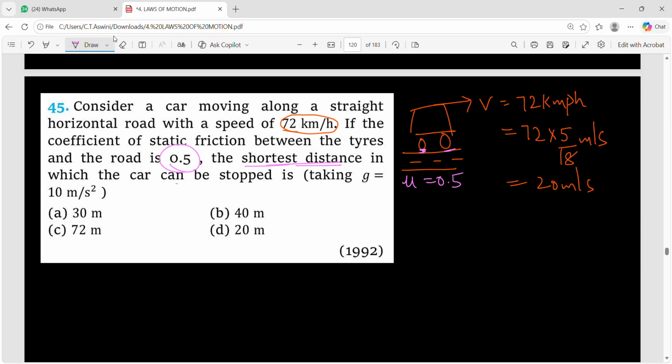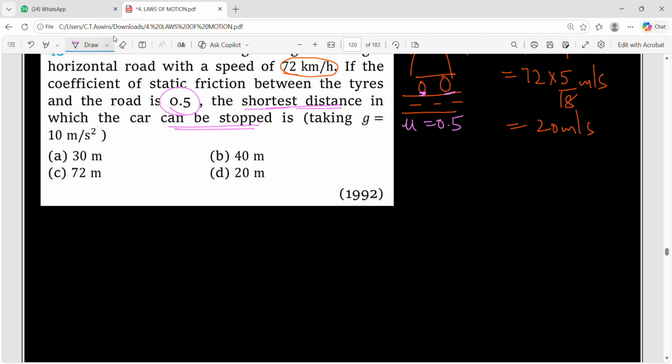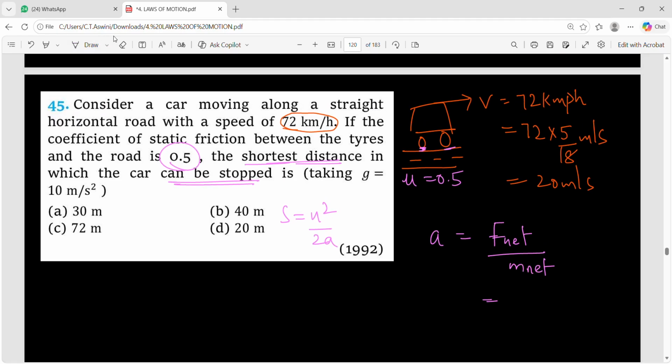The shortest distance in which the car can be stopped. That means they are asking again what? Stopping distance. What is the stopping distance formula? U square by 2a. What is the initial velocity? 20. But do we know the acceleration? No. So first find out the acceleration. What is the acceleration? F net upon m net. What is F net here?